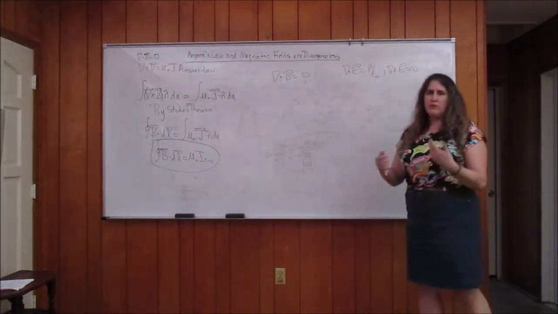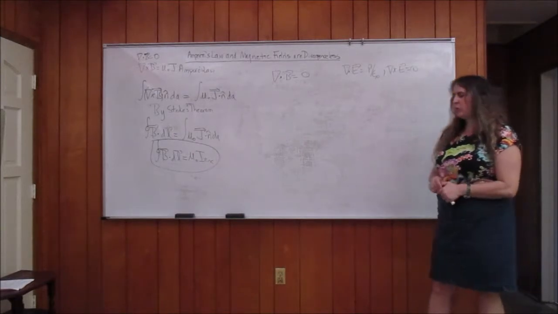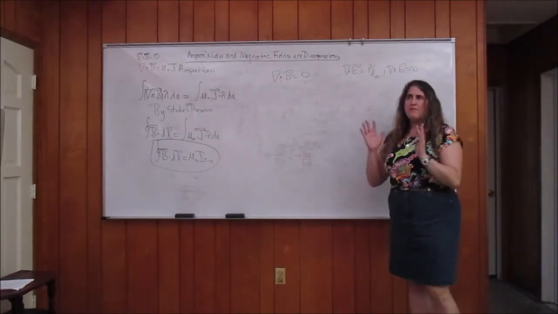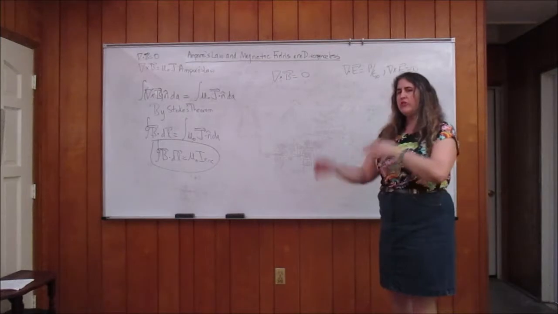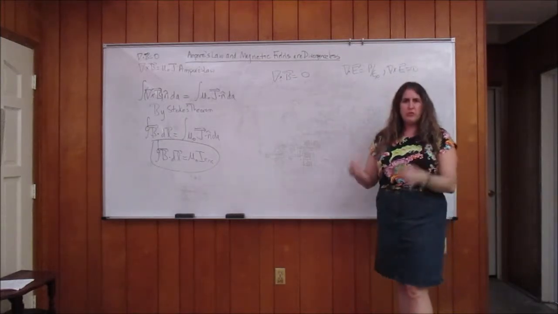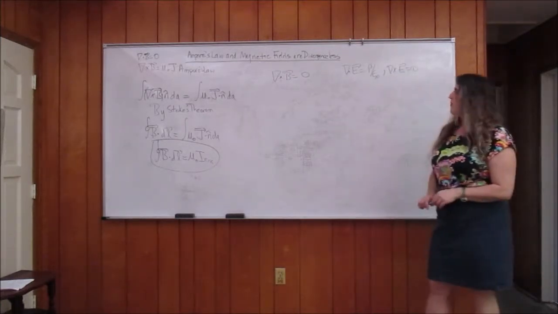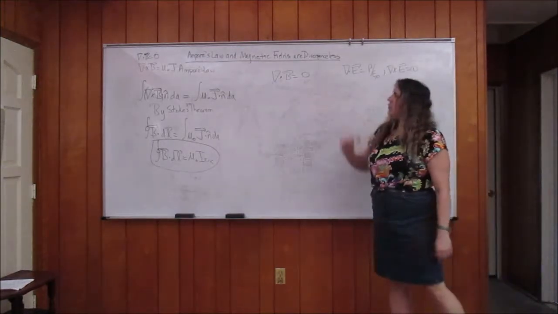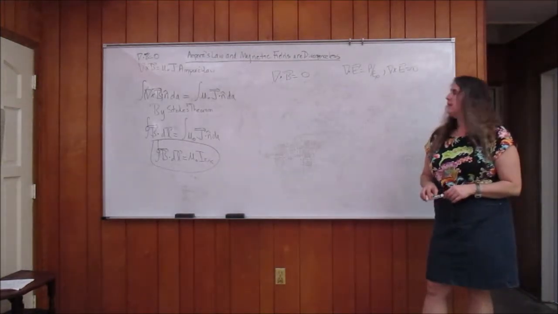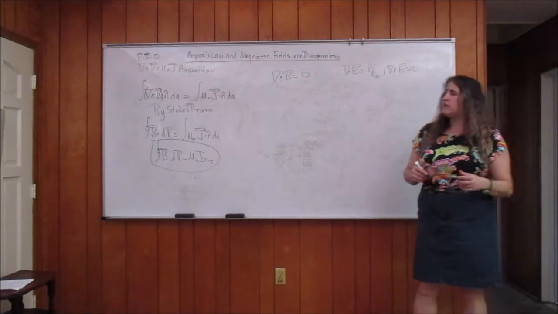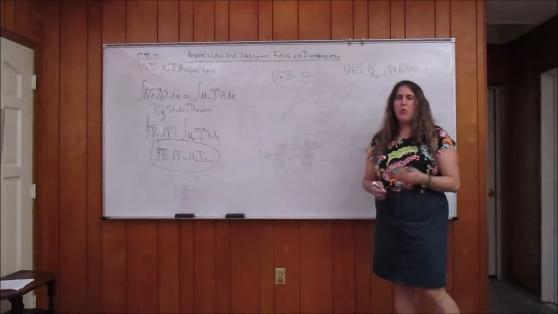Over here, we talked about field lines and how to draw them. Basically, the rule is that you start on positive charges and you terminate on negative charges, and those field lines can't cross ever. Over here, the rule that students are instructed is that magnetic field lines form closed loops or they go off to infinity.